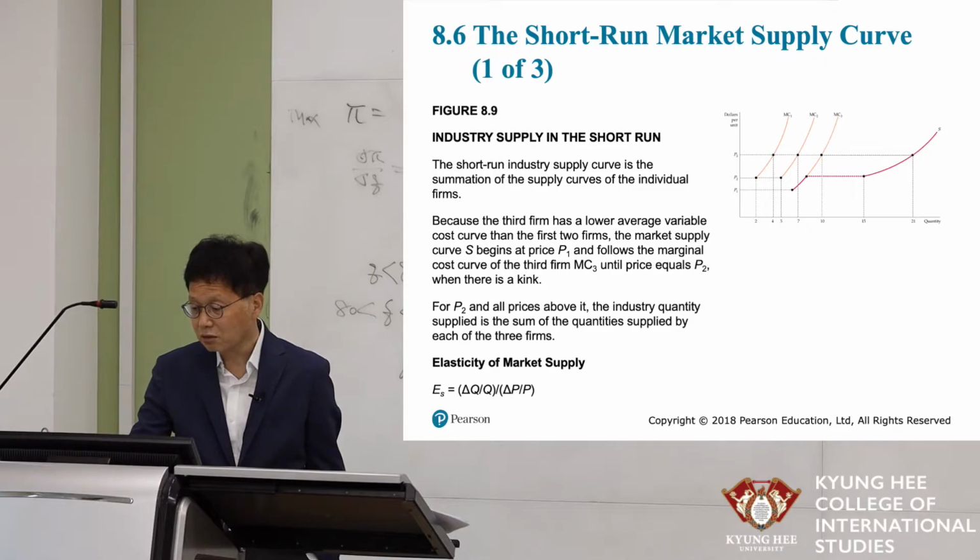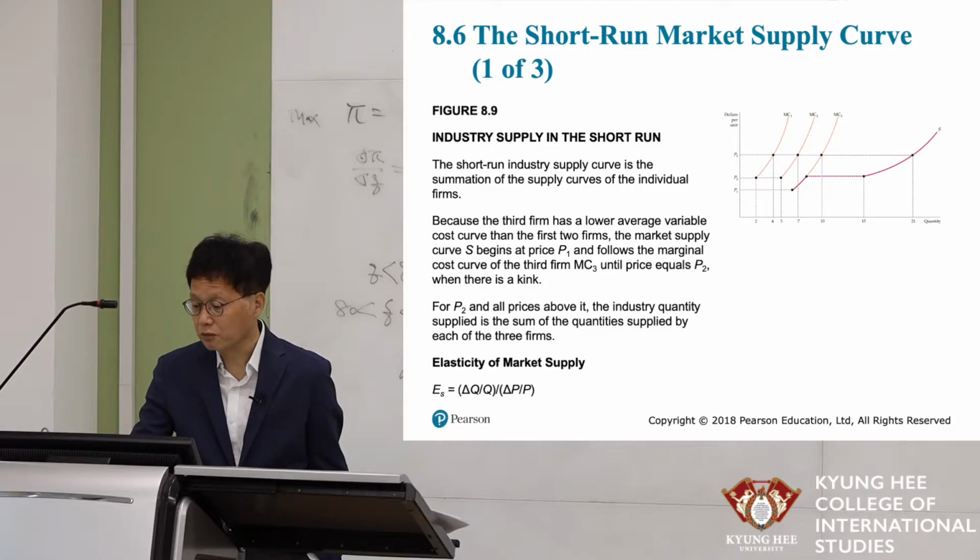When price is P2, firm 1 produces this amount, firm 2 produces this amount, and firm 3 this amount. So the summation of this one plus this one plus this one is here. That is the market supply when the market price is P2.